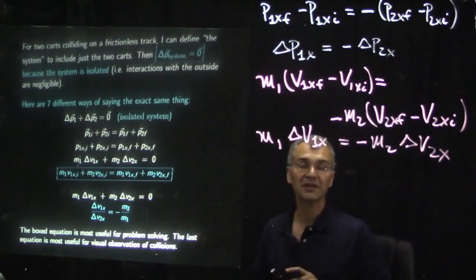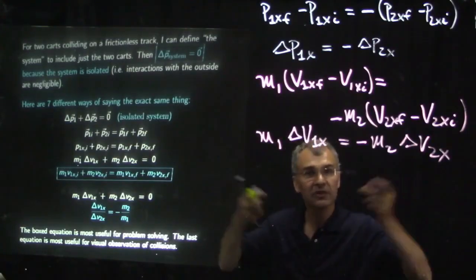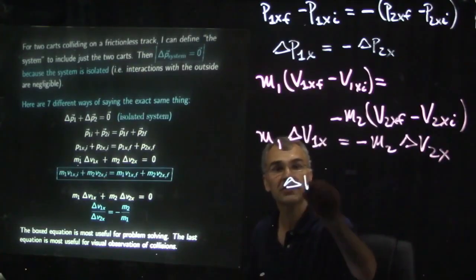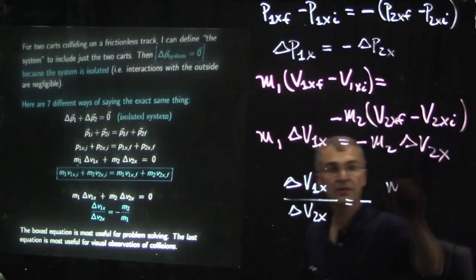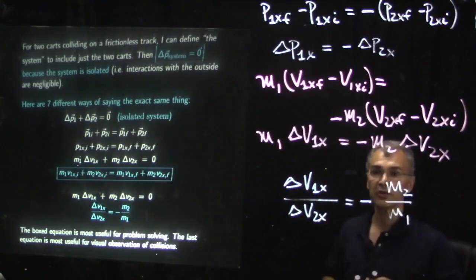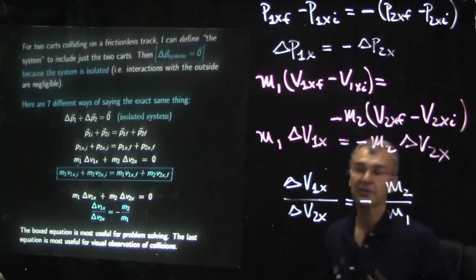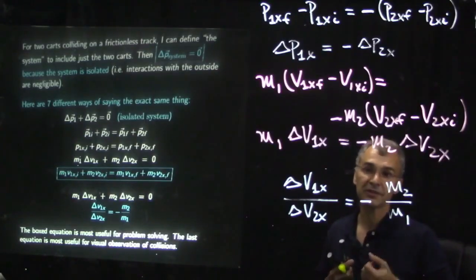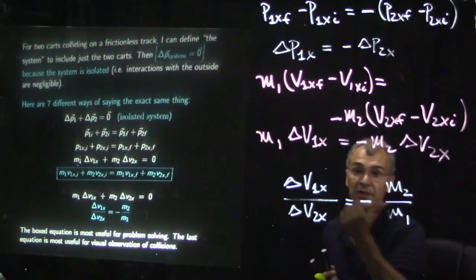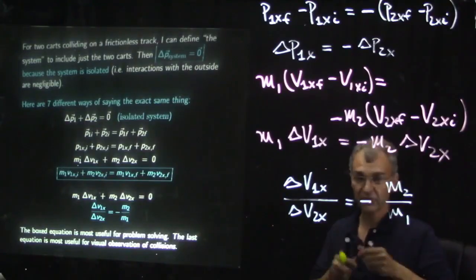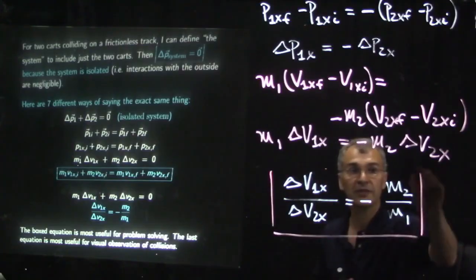We can summarize that in a way that's easier when you're watching things collide on a track by saying that the change in v1x divided by the change in v2x is minus m2 over m1. So if you see two carts of different masses collide on a track, the more massive one will have a smaller change in velocity. The less massive one will have a larger change in velocity. Each change in velocity will be inversely proportional to the corresponding mass. And if the change in object 1's velocity is to the left, then the change in object 2's velocity will be to the right. So we're going to see this in some examples of two carts colliding on a track right now.